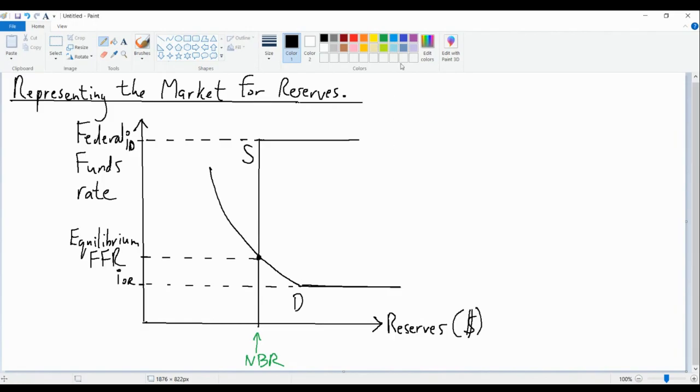What does that mean? It means that if the Fed were providing more and more and more reserves into this market, they would still be able to buy the assets and create new reserves. It's just that the banks wouldn't be doing anything with them. They'd be just holding those funds in their reserves and earning some interest on them.